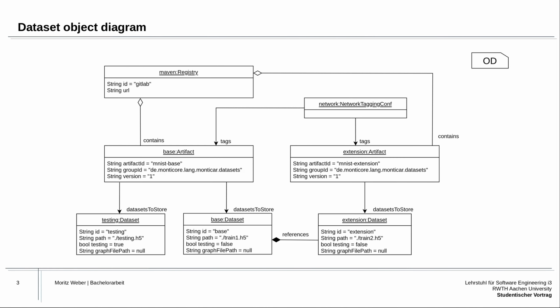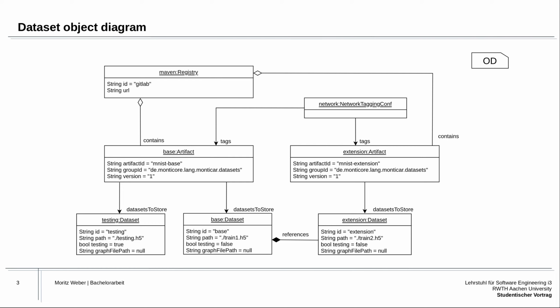To give you a better understanding of the technical structure, we have modeled an example using a split MNIST dataset. A new concept is artifacts, each of which can contain multiple datasets. In this example, the base artifact contains the test dataset and the first part of the training dataset, which we call the base dataset.